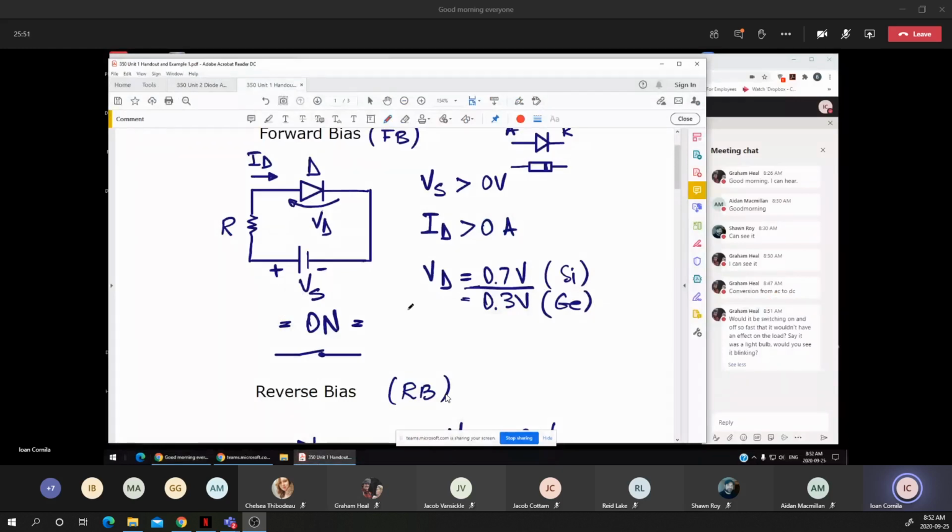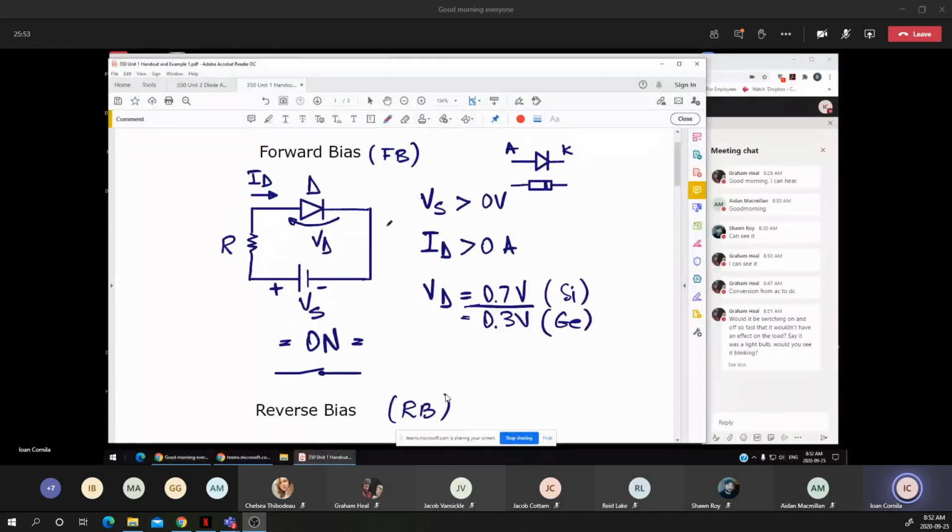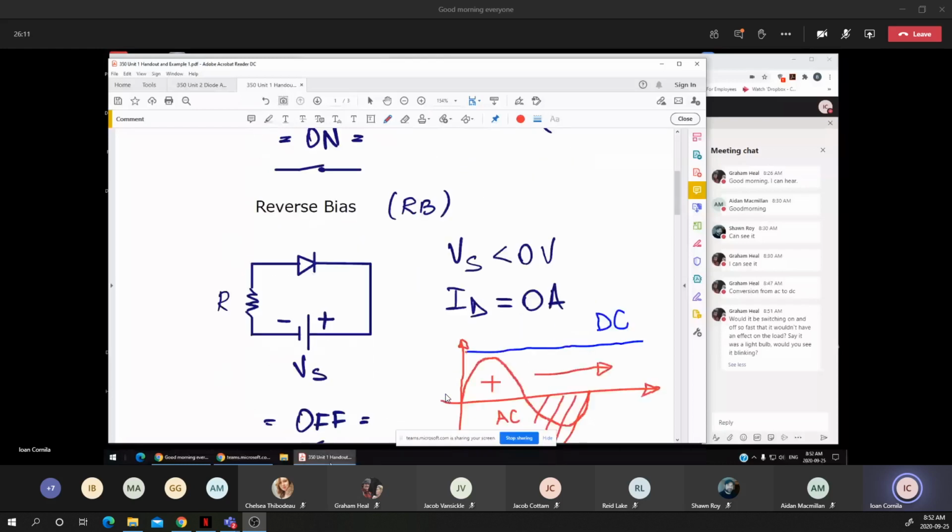Okay, now going back to the forward bias: for the first half, the diode is in forward bias. The voltage is greater than zero, meaning a positive voltage is applied across the diode, and the current is greater than zero.